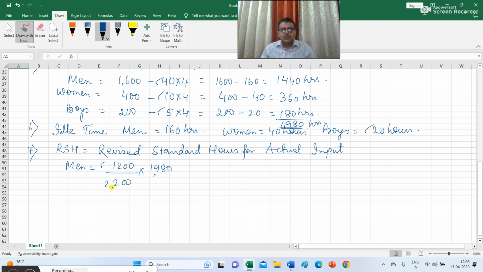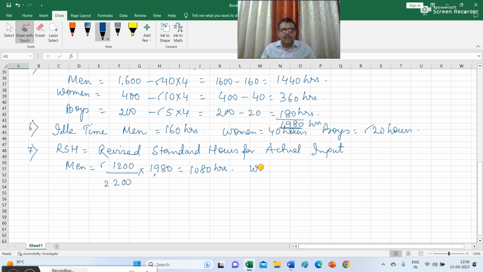Divide this with 2,200, which is the total standard hour of the gang. So actual hours worked is to be allocated as per the standard. So men 1,200 by 2,200, multiply this with 1980, you will get 1,080 hours.